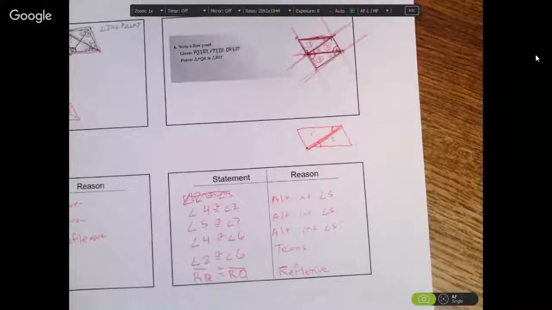At some point you're going to use side-angle-side or something to show triangles are congruent. Every proof in this chapter is going to have that. And a lot of times, once you prove that, then you're going to use CPCTC.